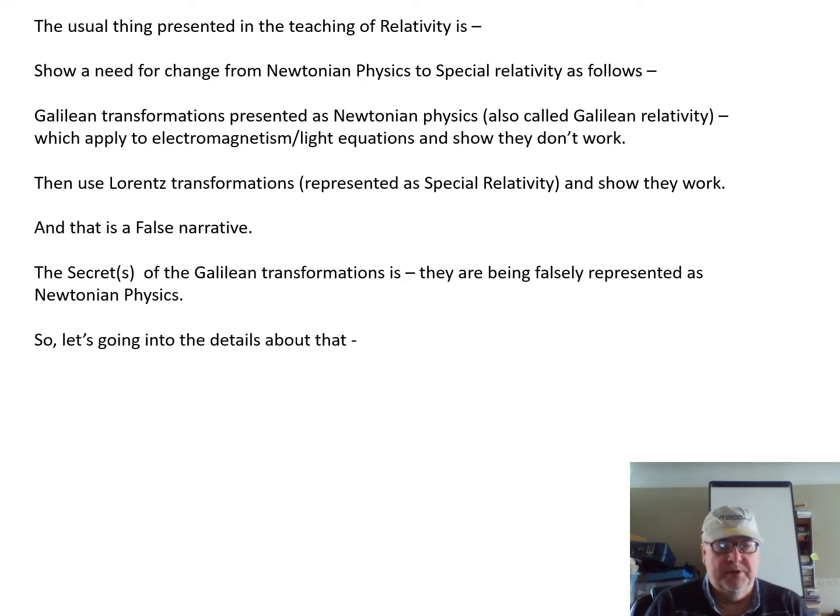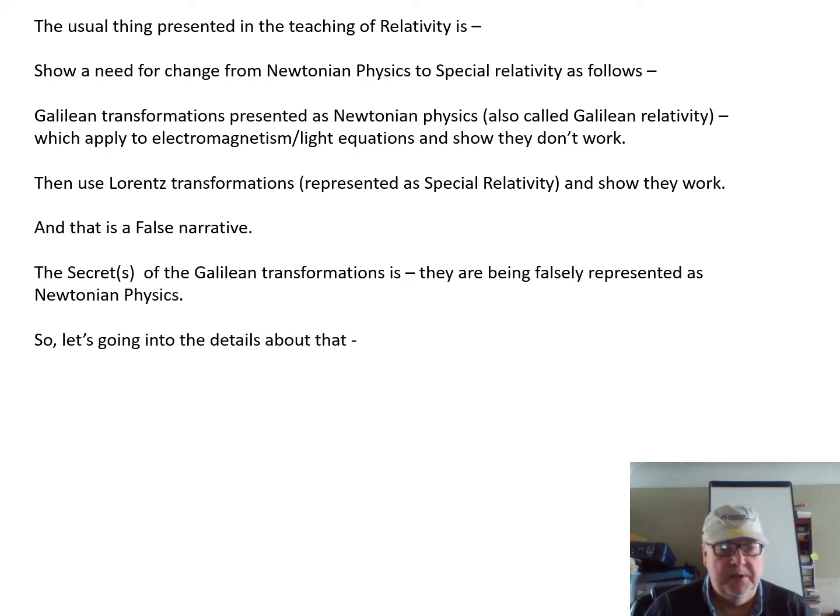Whereas the Lorentz transformation equations, represented as special relativity, they show do work. But that is a false narrative. The secrets of the Galilean transformations is they're being falsely represented as Newtonian physics.